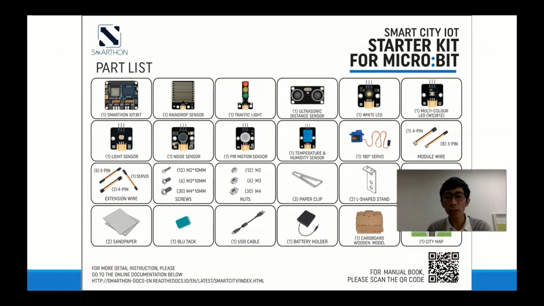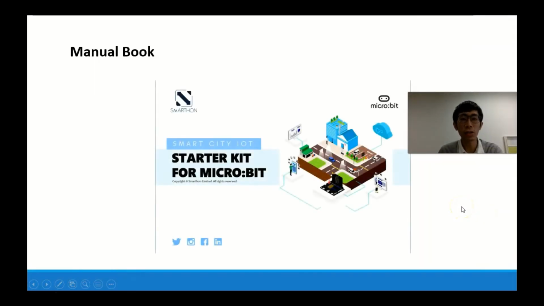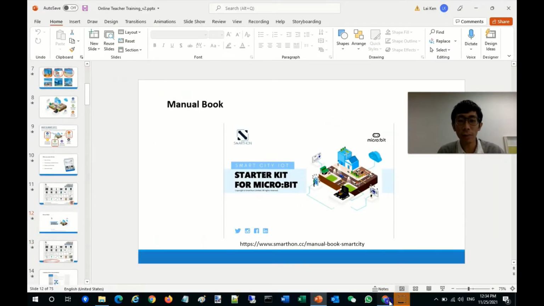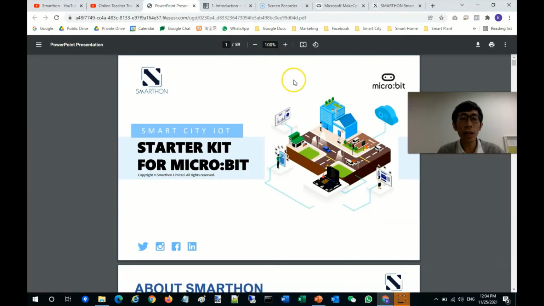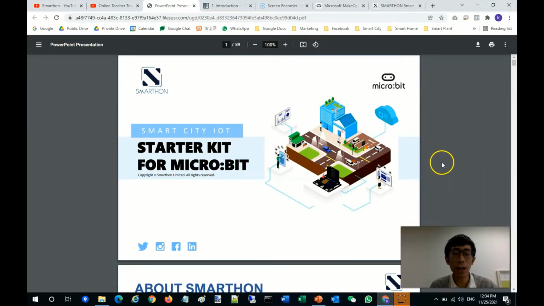We have the QR code here to scan, and then you can get access to the electronic menu board. This is how it looks: when you scan the QR code, you can have this PDF on your phone.